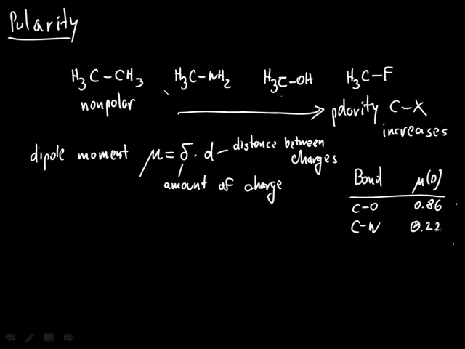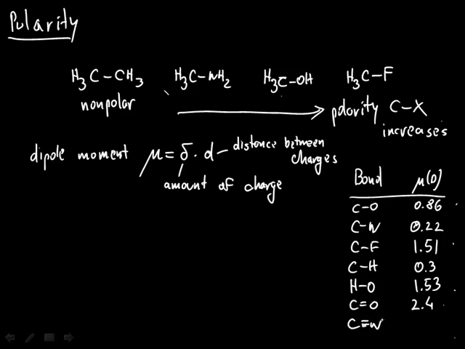C-N bond is less polar. The C-F bond is, as expected, more polar than the C-O bond. C-H bond is relatively non-polar. O-H bond is quite polar. And then multiple bonds tend to be even more polar than the single one. So this is a C-O bond, and one of the most polar bonds is the C≡N triple bond, which is 3.6 debyes.